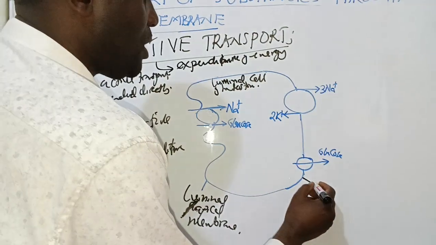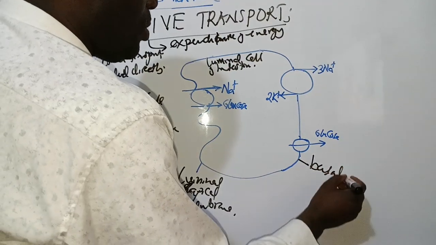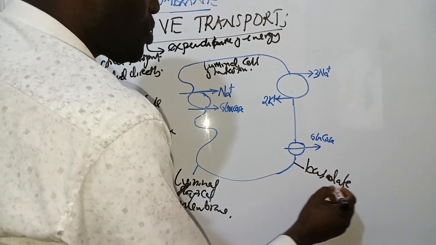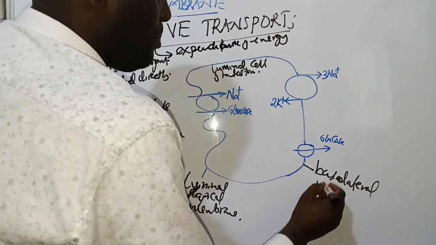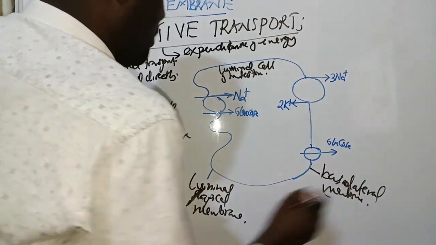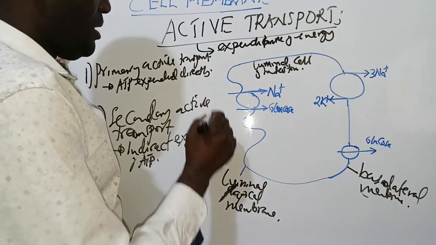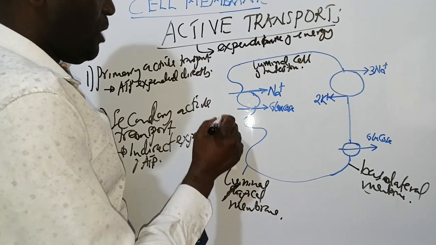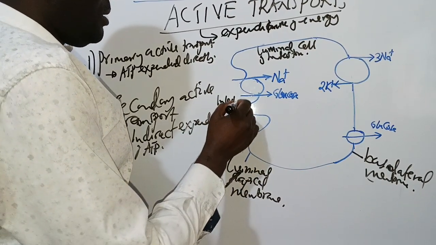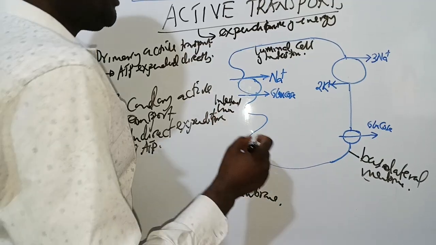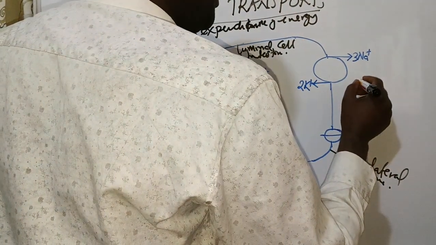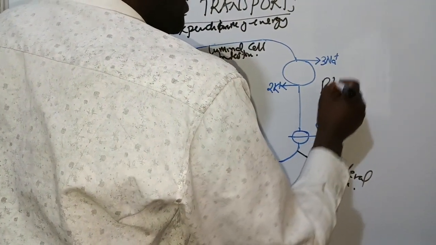Then we have the basolateral membrane. So what we have this way is the intestinal lumen. What we have this way, we shall have blood.